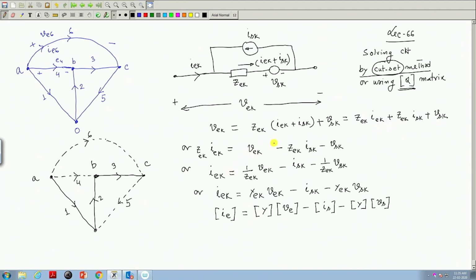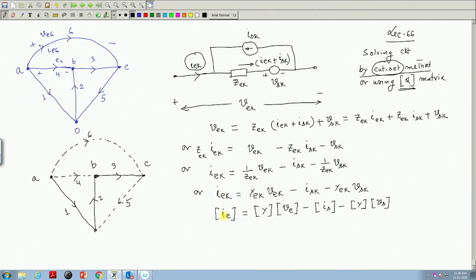This is equivalent to some nodal analysis, so you have to apply KCL equations. First find the current IEk, express it, take this to this side, divide by ZEk, then IEk will be admittance into Vk minus Isk minus YEk Vsk.